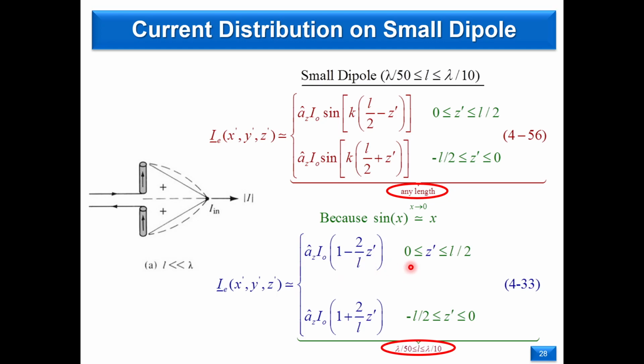So the current distribution of this dotted curve for a short dipole can be approximated as a triangular current distribution. This is the approximation here. We can use it, and it will give us the same value as this one, but I'm not going to do the approximation. I'm just going to use this one because it's more general, and it can be reused when we have a longer length dipole antenna.